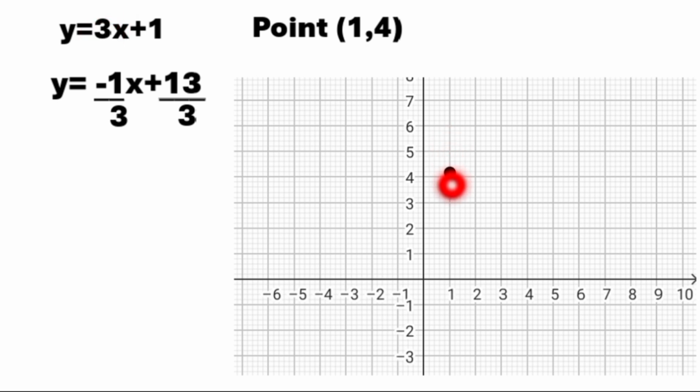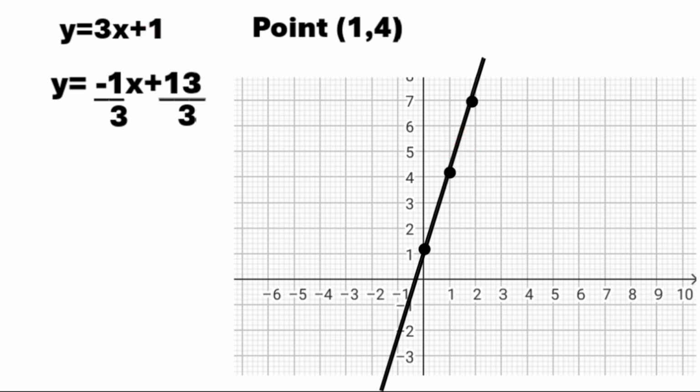If we move 1 unit to the right, we move up 3 units, 1, 2, 3, and this is our next point. If we move to the left 1 unit, we move downward 3 units, 1, 2, 3. So we have this point here, our y-intercept. Connecting this line is y equals 3x plus 1.